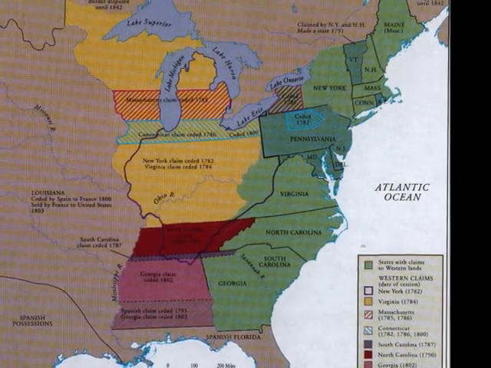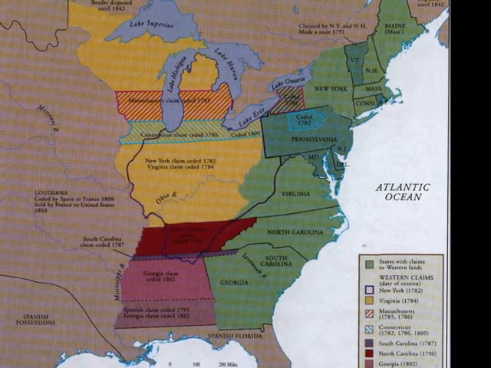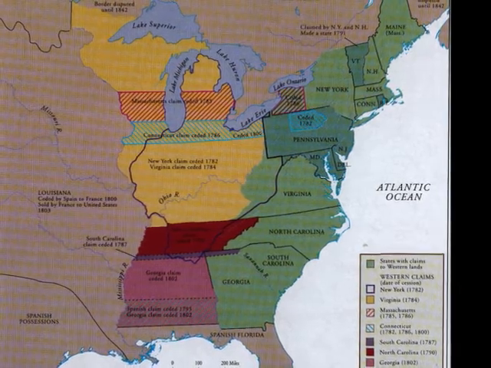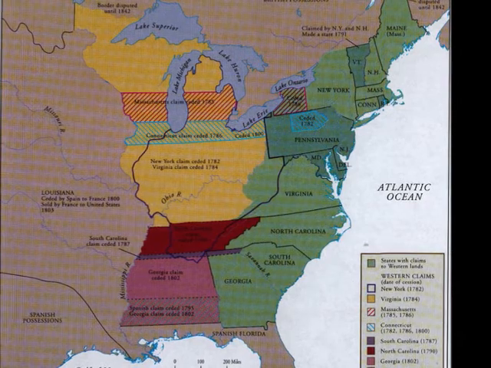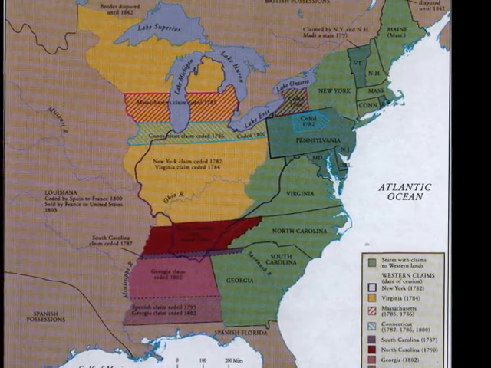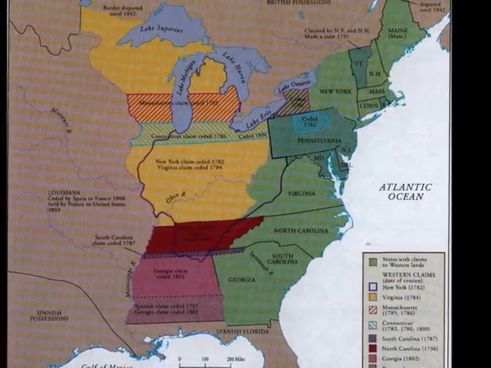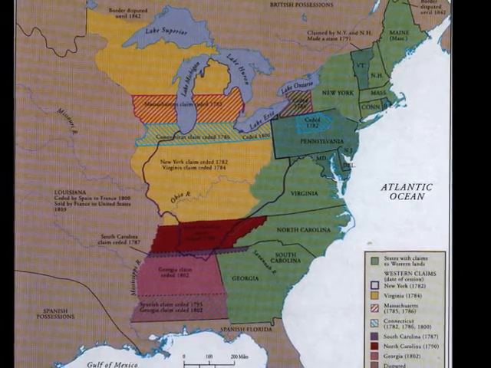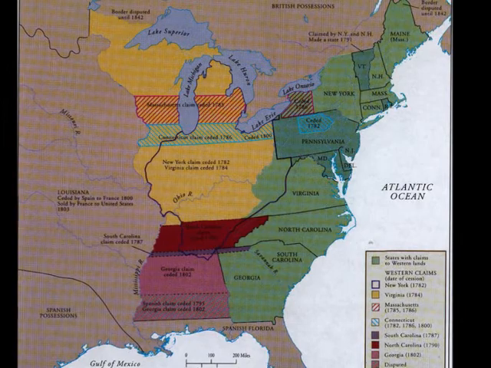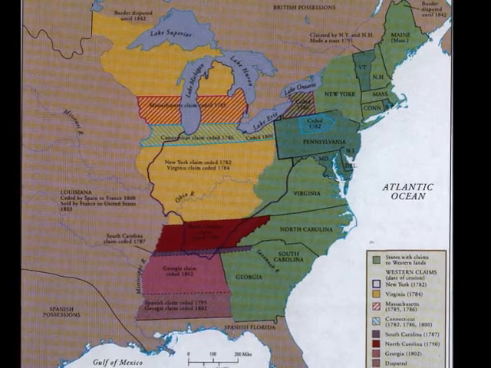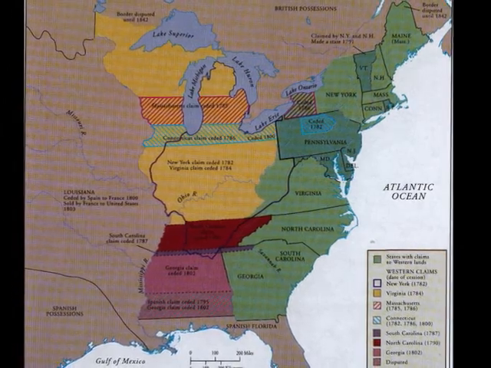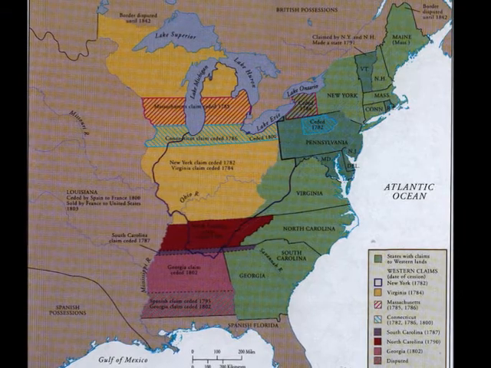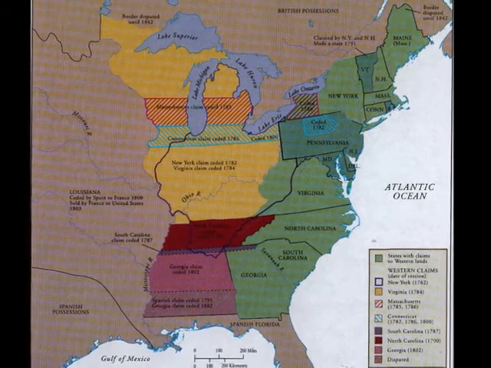The states saw themselves as individual little countries. They never really saw themselves as being united as one. There was very little contact between the states. They really were very standoffish and didn't want to work together. And there was a lot of jealousy, a lot of fighting over borders and trade and money and all kinds of stuff. So it was just a very poor situation.